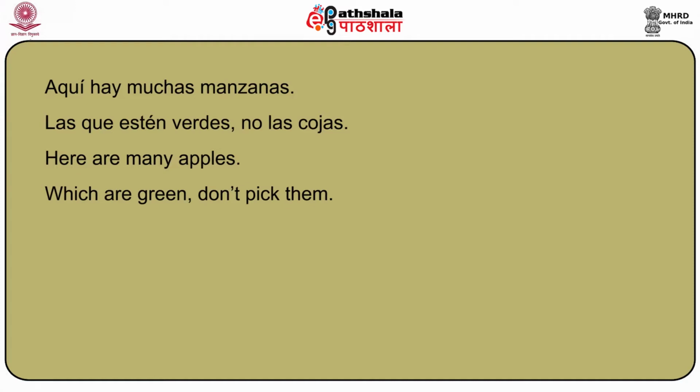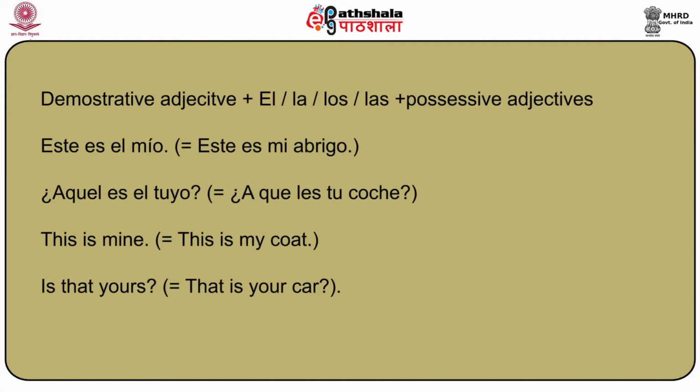In English, the equivalent is here there are many apples. Those which are green, don't pick them. The demonstrative adjective plus the definite articles plus the possessive adjectives.